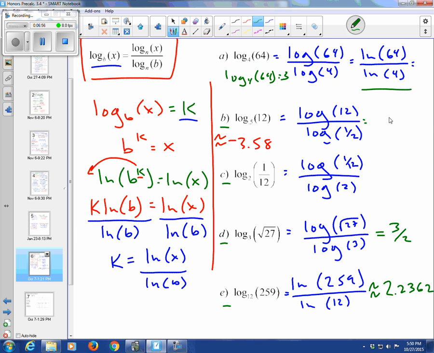Now what we can say is that our common log of 12 over common log of 1/2, we could represent as the common log of 12 divided by the common log of 2 to the negative 1. Similarly, we can represent our common log of 1/12 over a common log of 2 as the common log of 12 to the negative 1 over the common log of 2.